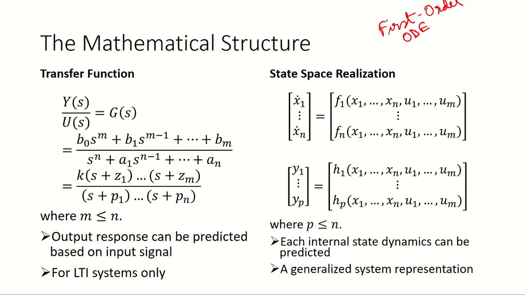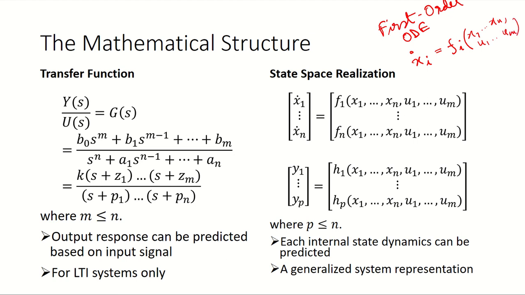If we have a state xi being the ith state, then we will have an equation which is called the dynamics of the xi state, and that equation will be like xi dot, the first order ODE, equals some function of all the states, x1 to xn, as well as all the inputs which are available in the system, u1 to um.